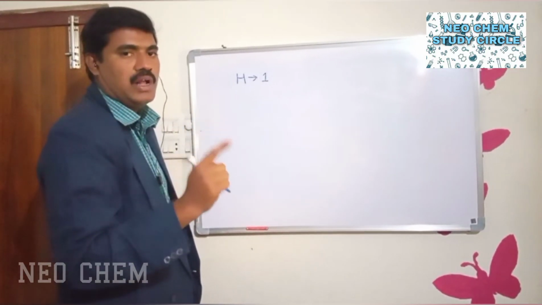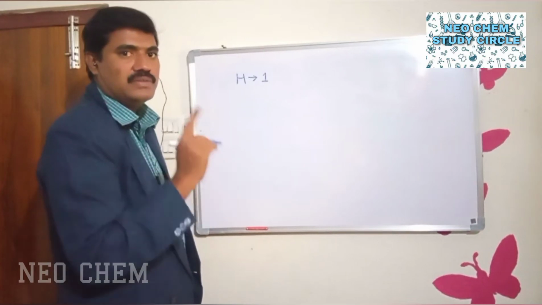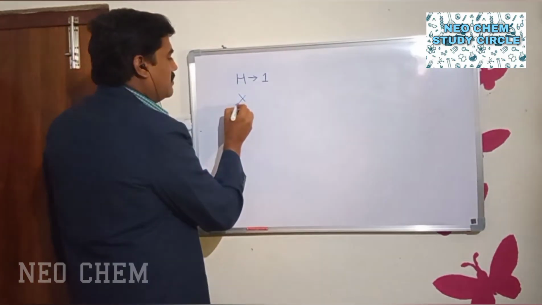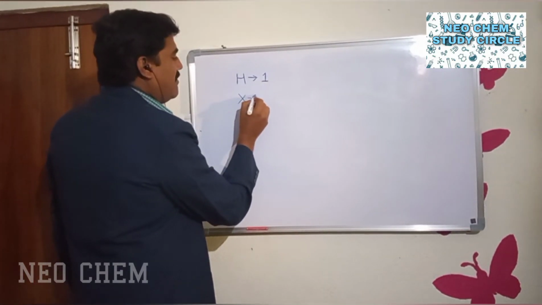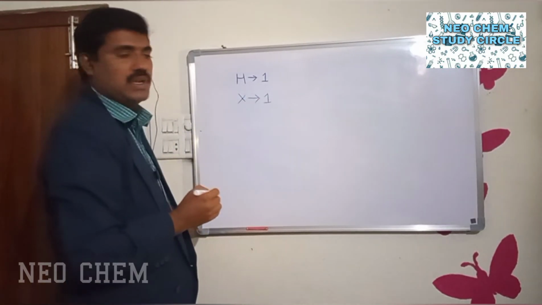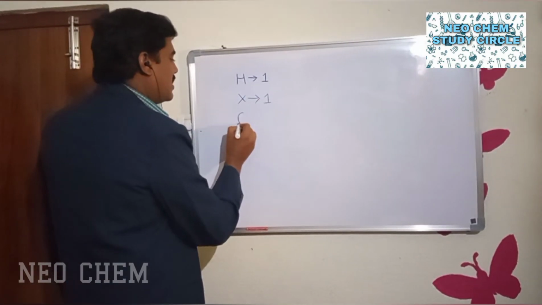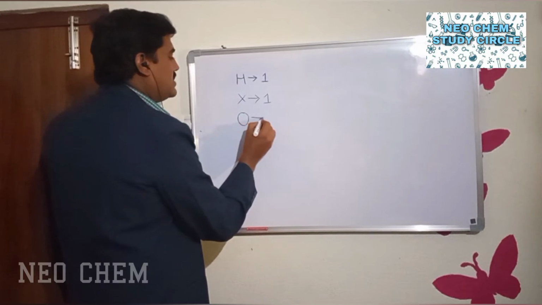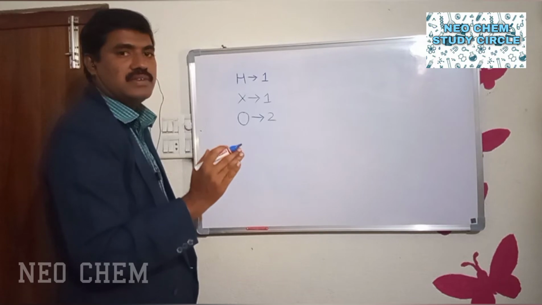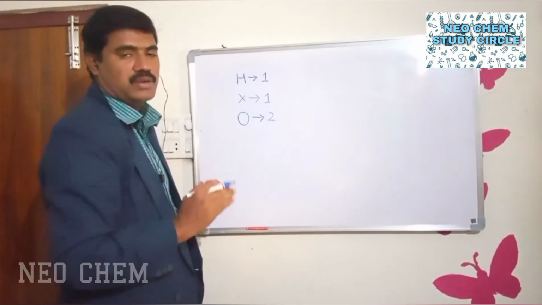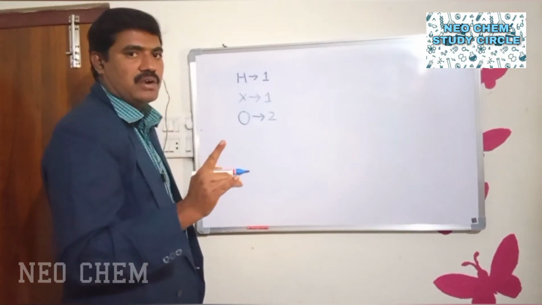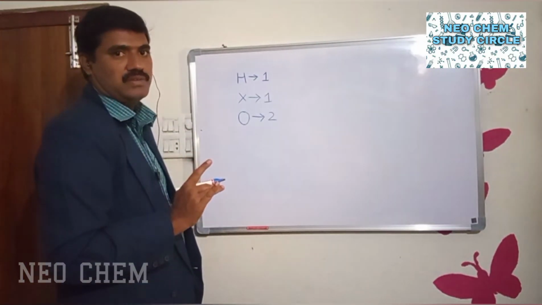We know all single bonds are sigma bonds. Next, halogen atoms' valency is also 1. Next, the oxygen atom's valency is 2. Oxygen will always form a double bond. In the double bond, one is a sigma bond, the second one is a pi bond.